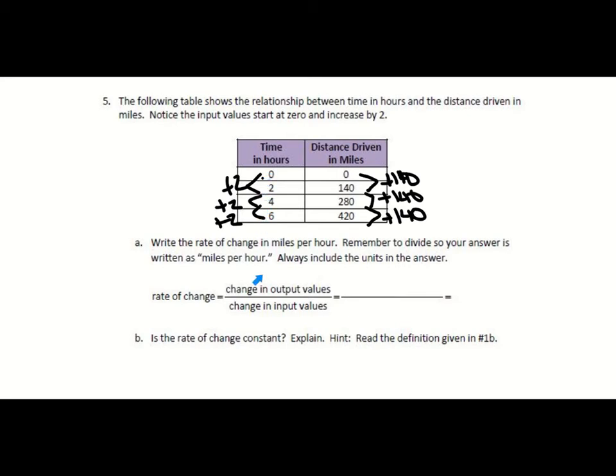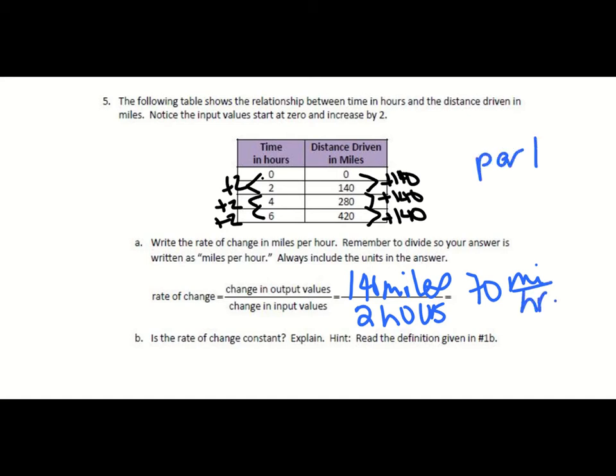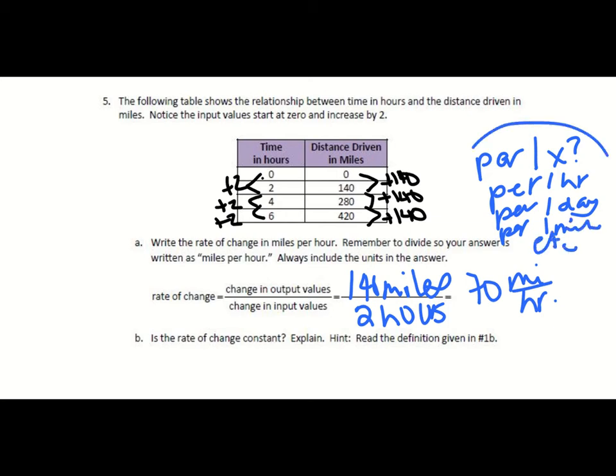So you're going to have to do 140 miles every 2 hours, so basically you're doing 70 miles per hour, because it has to be per 1 of whatever it is: per hour, per day, per minute, per month.